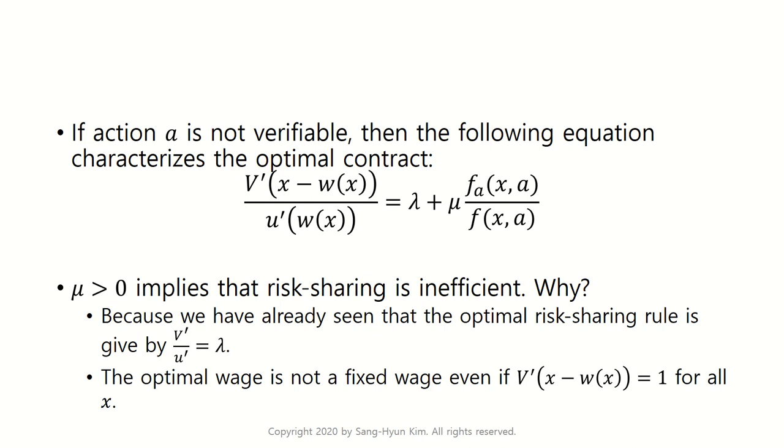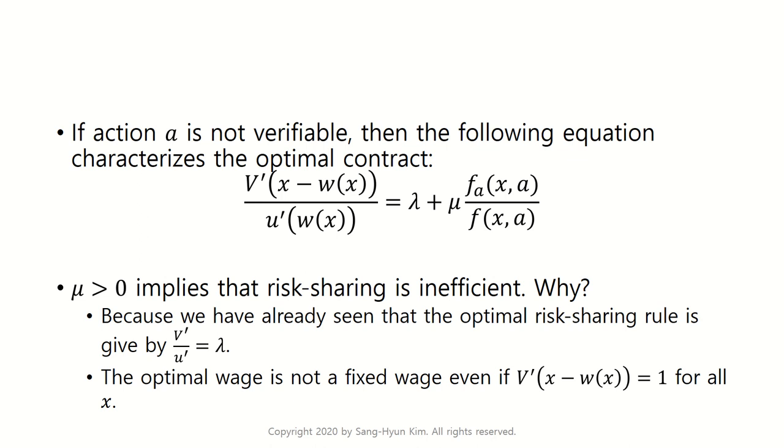On the left hand side, we still have the ratio of v prime and u prime, the same as before. But on the right hand side, we have something more: lambda as before, plus mu times f of a of x and a over f of x and a.